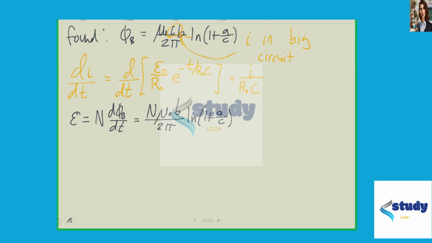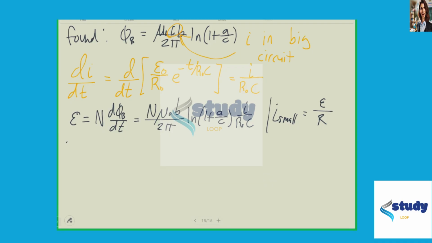So that's what we just calculated. So that's I over R0C. There's the induced EMF. And then we also have that from Ohm's law, the small current is the induced EMF divided by the resistance of the small circuit.